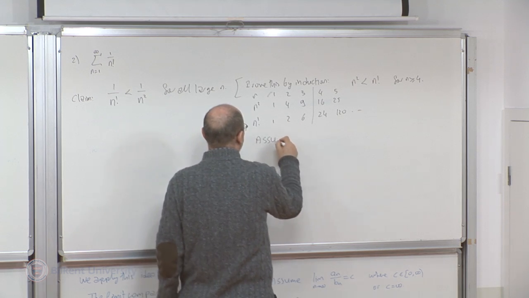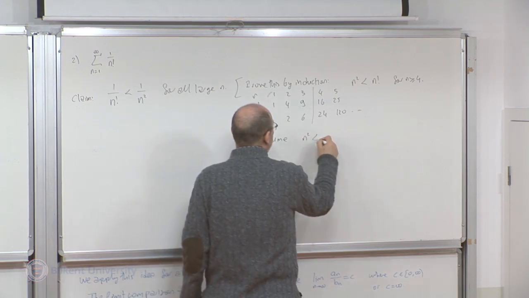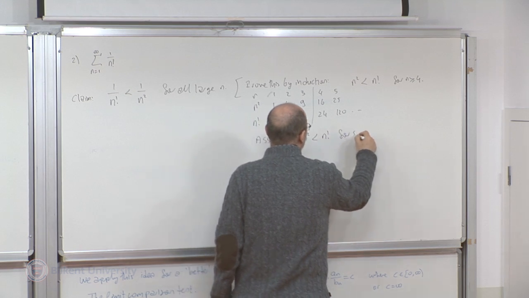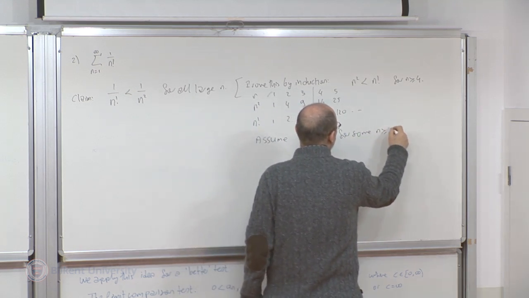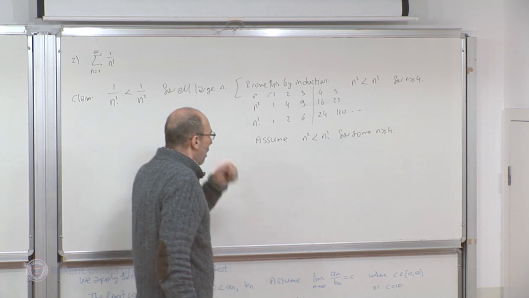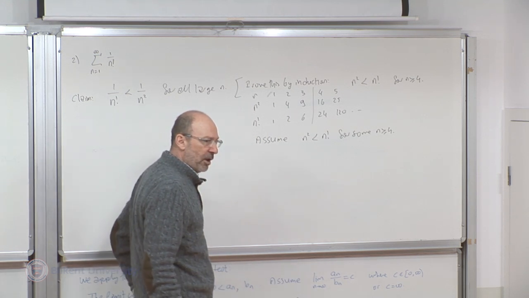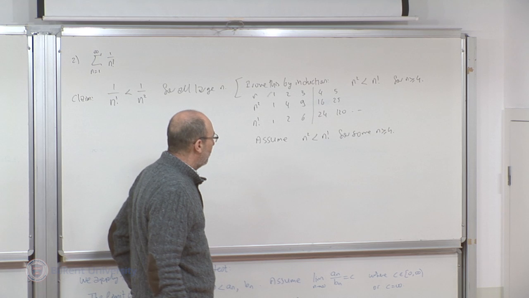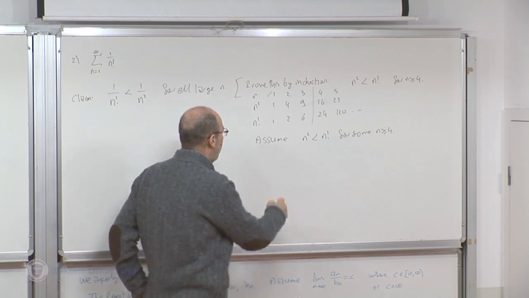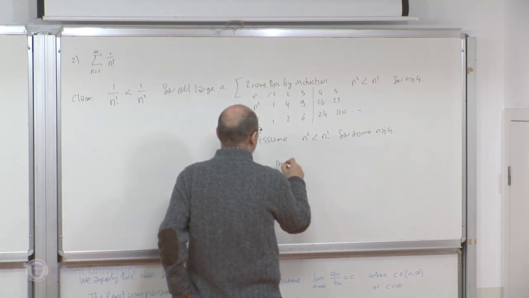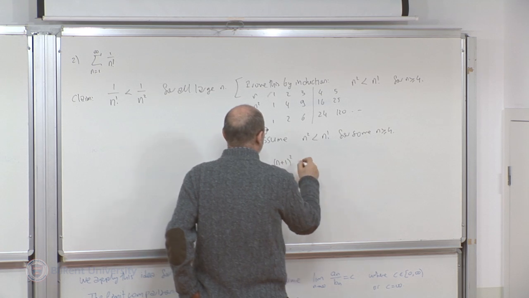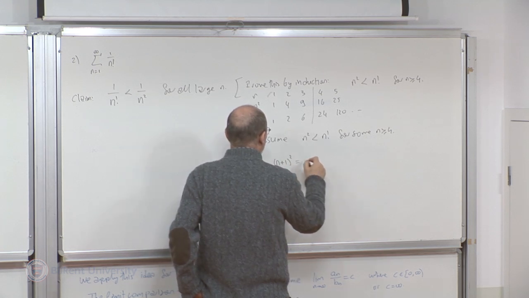Assume n squared is less than n factorial for some n larger than or equal to 4. Now we want to see (n plus 1) squared. So (n plus 1) squared is equal to what?